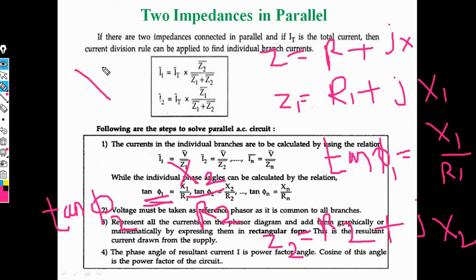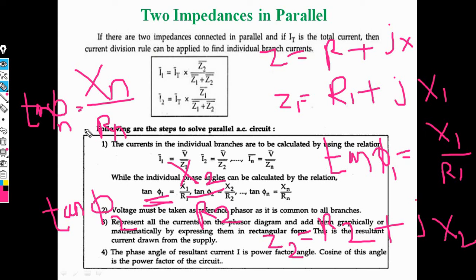Then same for tan phi n is Xn upon Rn. Now this is for when impedances are connected in parallel. It is a very simple concept.